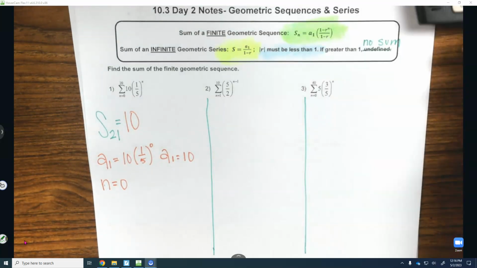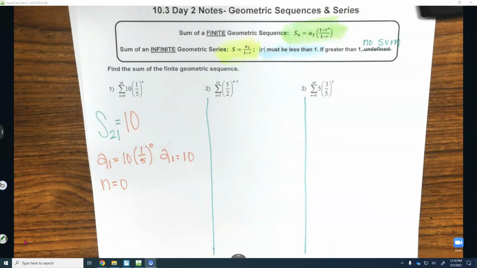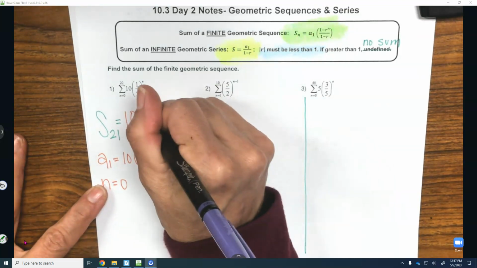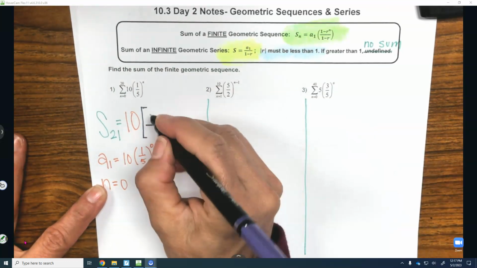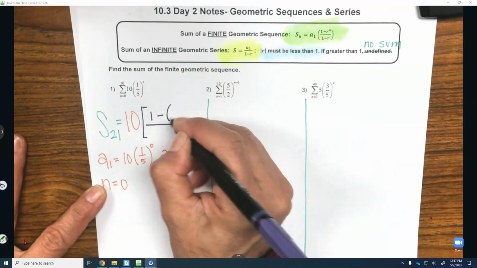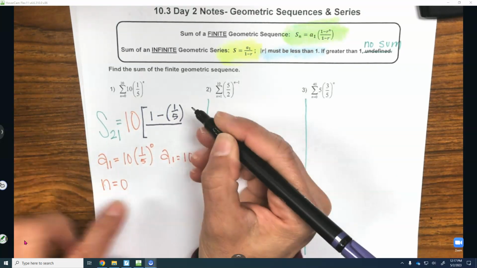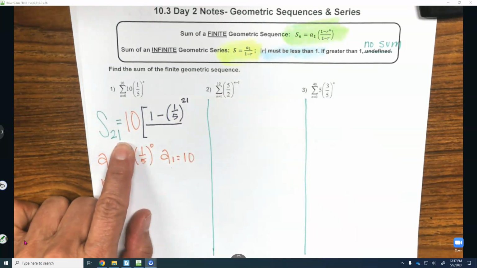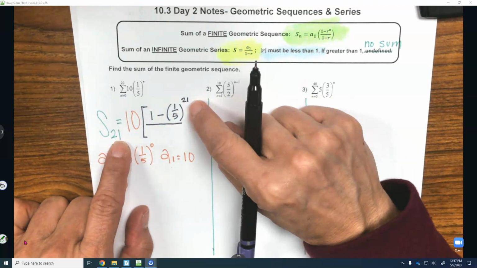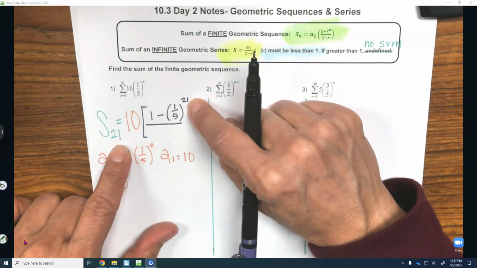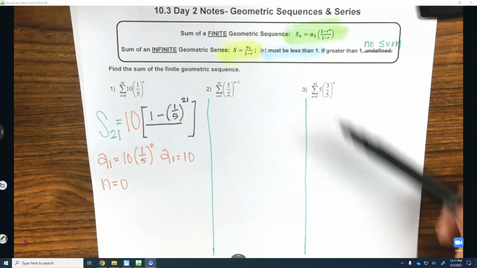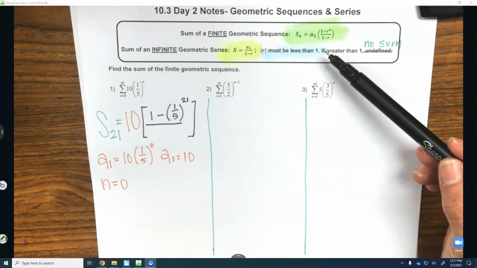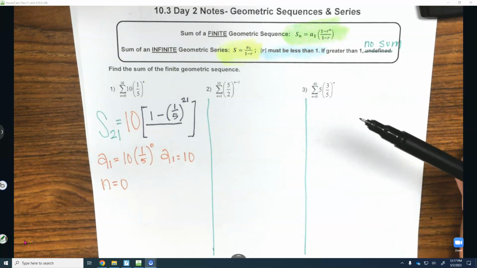All right, so here's what this fraction is going to look like. It is always 1 minus the ratio raised to whatever number is in the sequence. These two numbers are always going to match. And guys, look, down here, 1 minus r, y'all need to do that in your head.